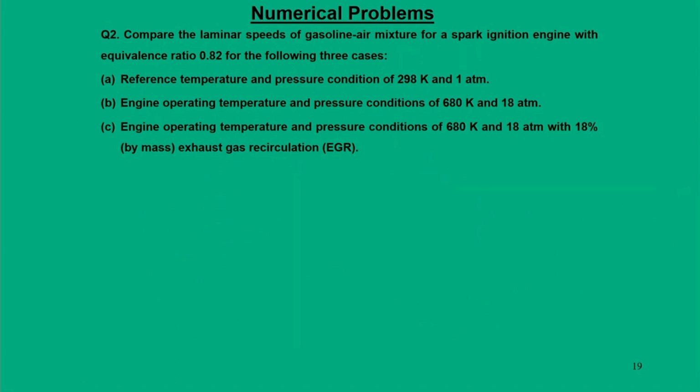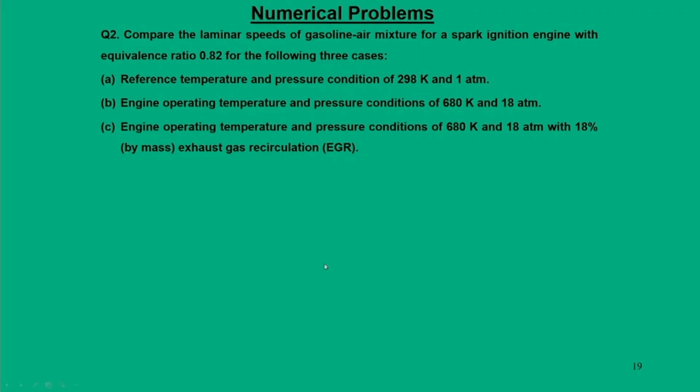The second problem which we are going to discuss is about the comparison of laminar speeds of gasoline air mixture in spark ignition engines at equivalence ratio 0.82 in three cases. One is temperature pressure conditions at reference situations, engine operating conditions, and engine operating conditions with an EGR.